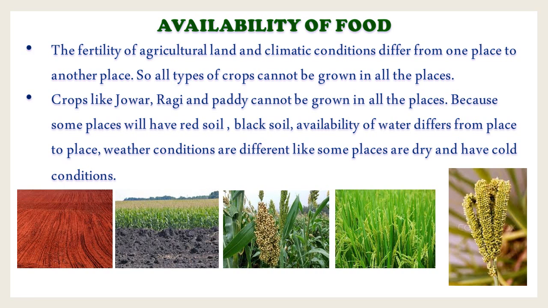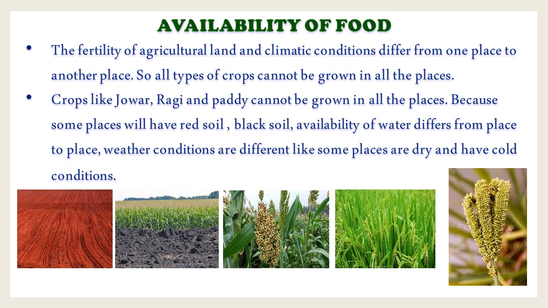Correct? Crops like jowar, ragi and paddy cannot be grown in all places. Why? Because some places will have red soil, black soil, that means the type of soil.